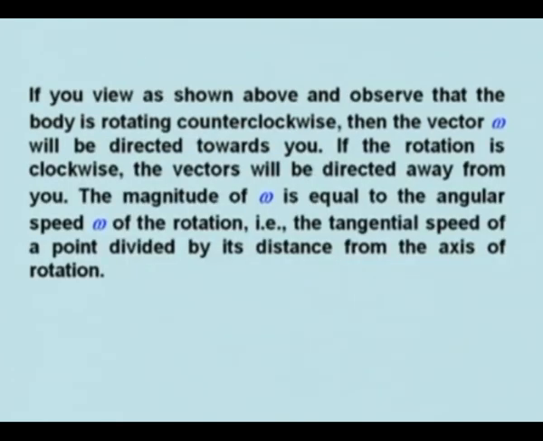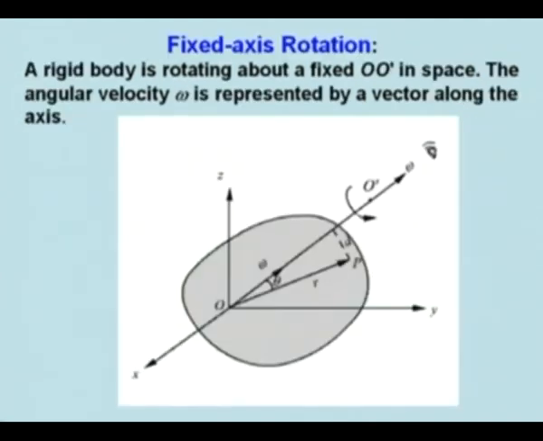If you view this from the top and see that the body is rotating counterclockwise, then the angular velocity vector will be directed towards you.